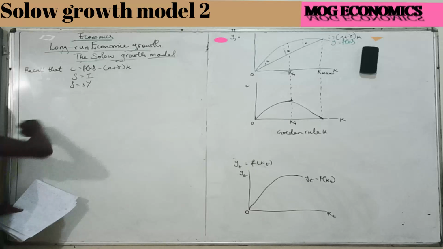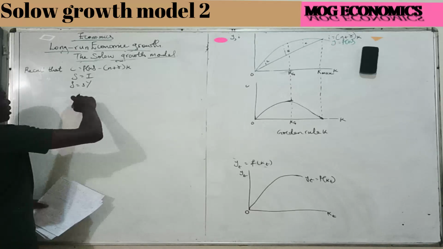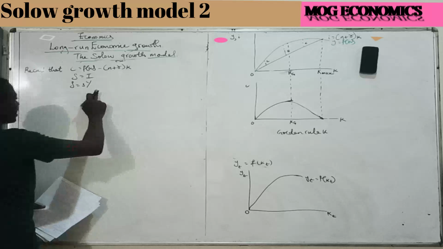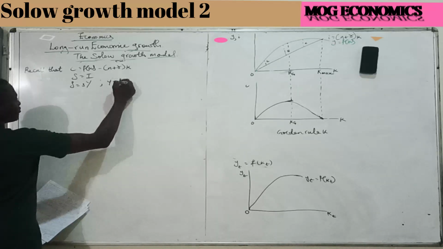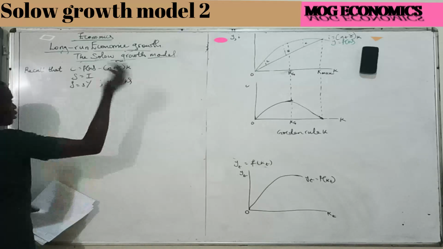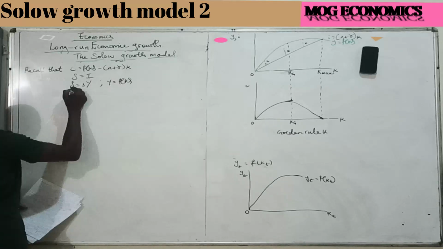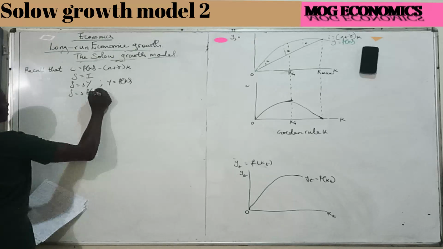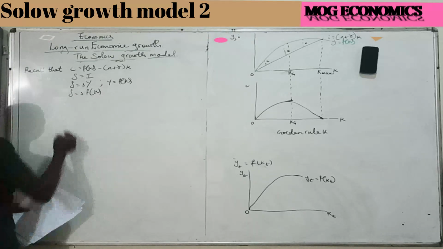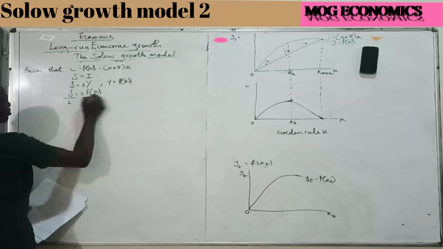We know that Y is a function of K, so S is equal to the saving rate times a function of K. What we just have to do is divide through by labor.